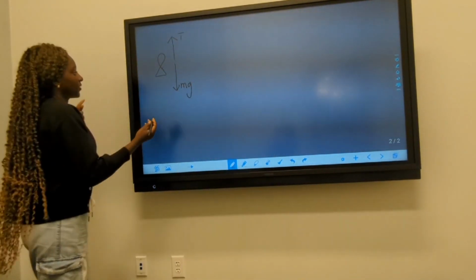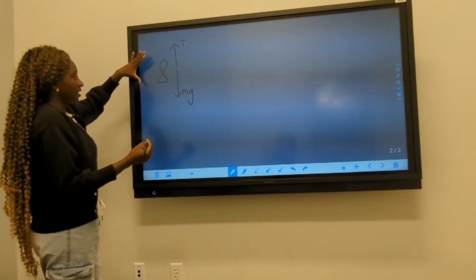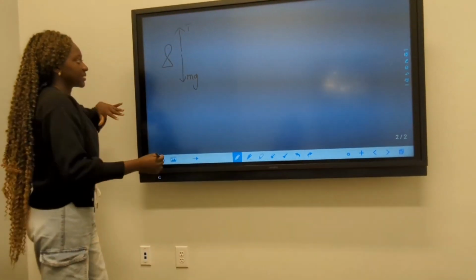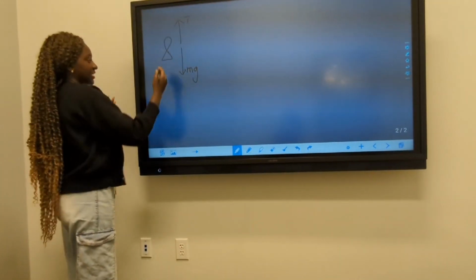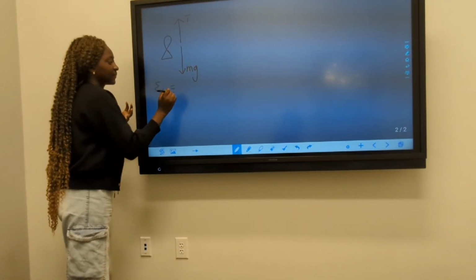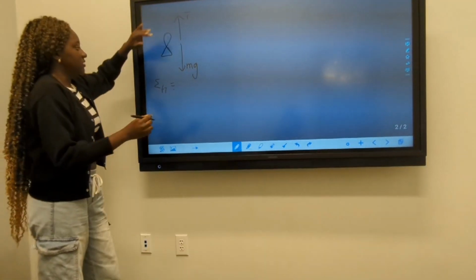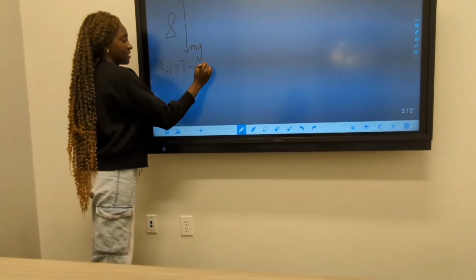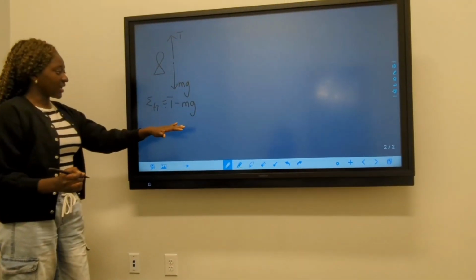Okay, so from here you can clearly see that the summation of forces in the y direction, summation Fy, would be equal to T, which is the tension, minus the weight. So we have this down.